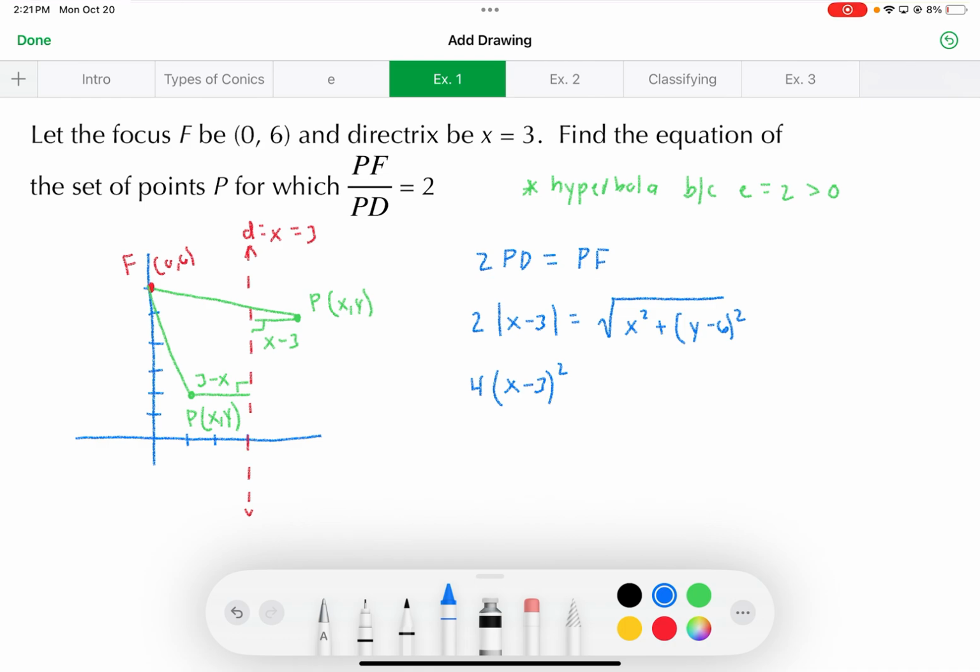Because it doesn't matter if x minus 3 is positive or negative. When I square that, it's going to turn positive regardless. And then over here, the radical goes away. And then I'll expand out the binomial now.